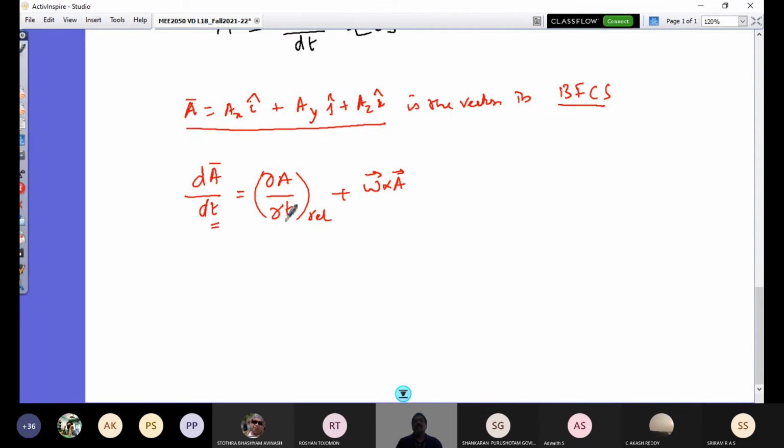The first term takes care of the variation as an observer in the moving frame would think the change in the vector would be.